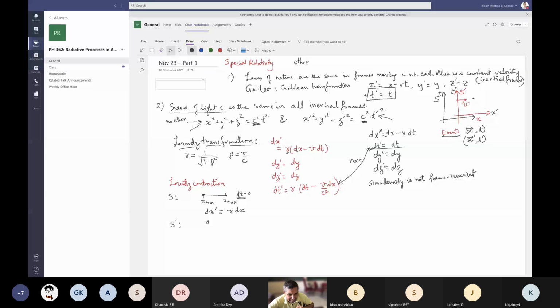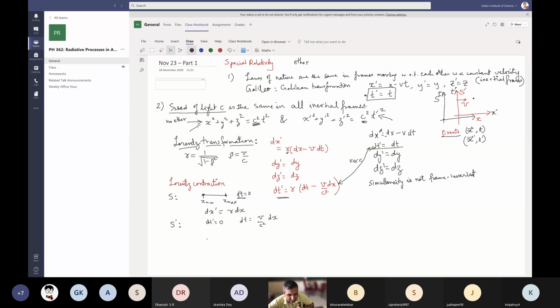You measure it such that dt prime is set to 0. If you set dt prime to 0, then looking at this equation, dt equals v by c squared dx.